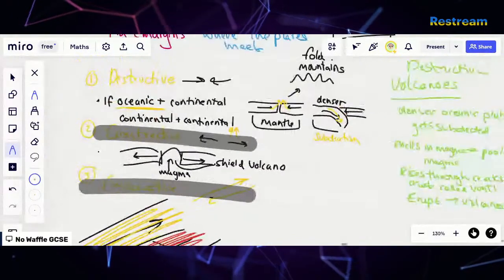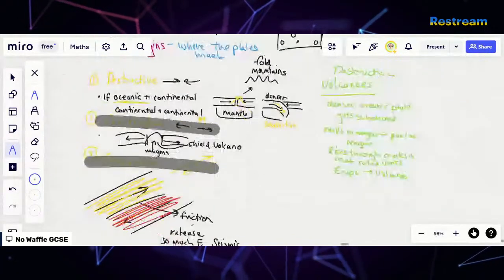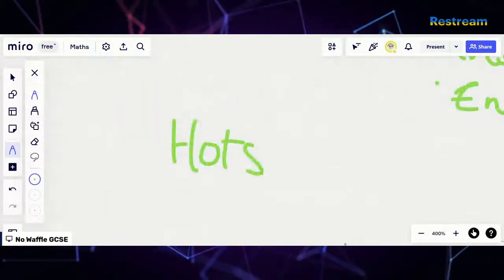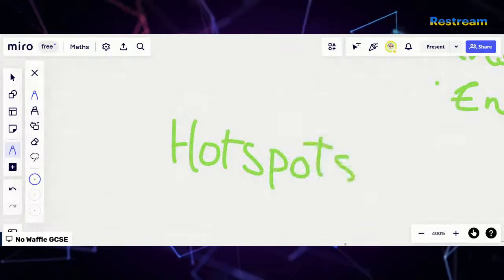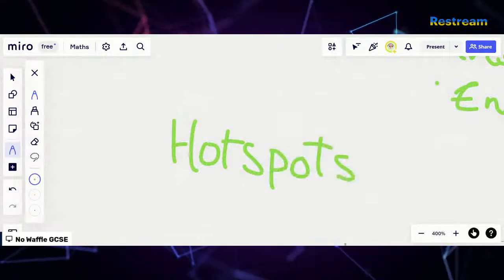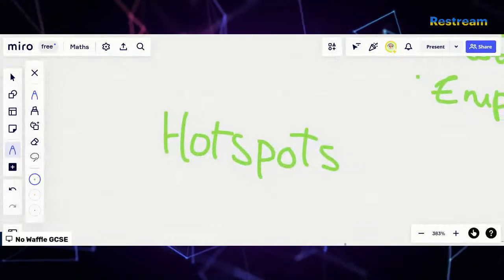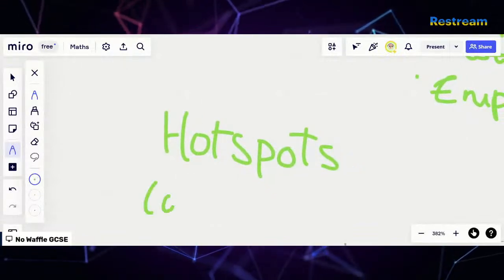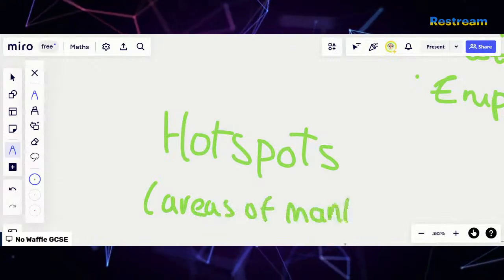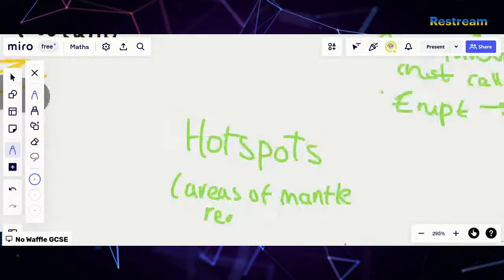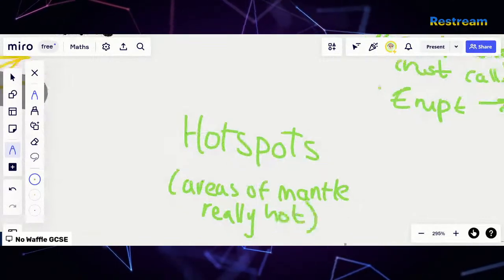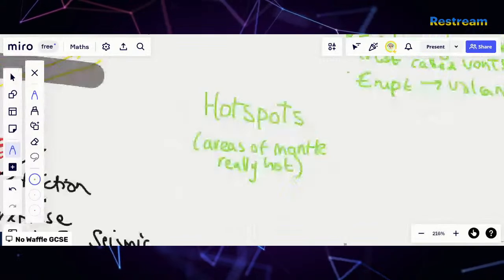However, some volcanoes form and they're not actually at destructive, constructive, or conservative boundaries. And this is what we call hotspots. Now, this is just areas over the mantle which are really hot. But not exactly plate tectonics either. Because it's not at a boundary, it's just an area that's really hot.